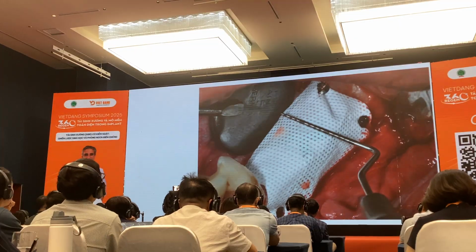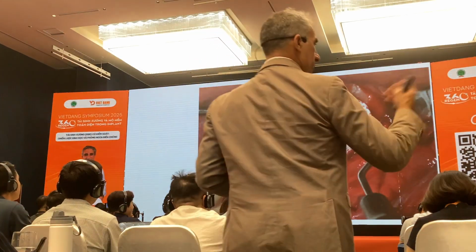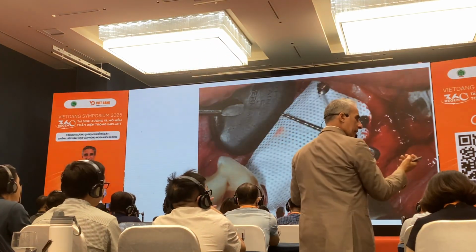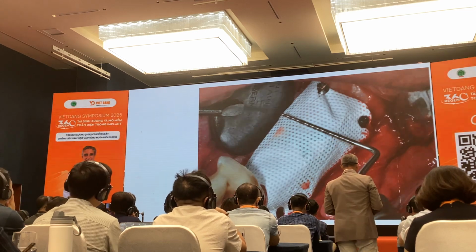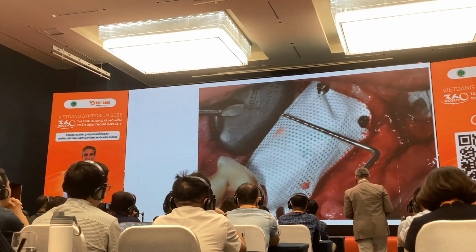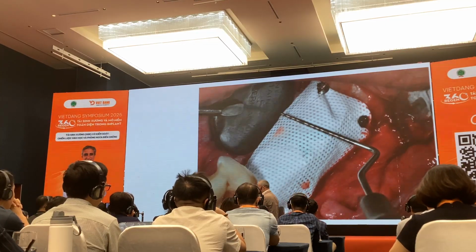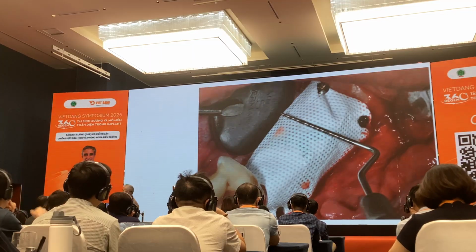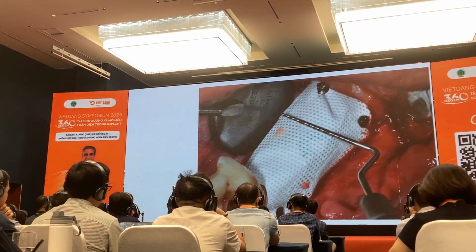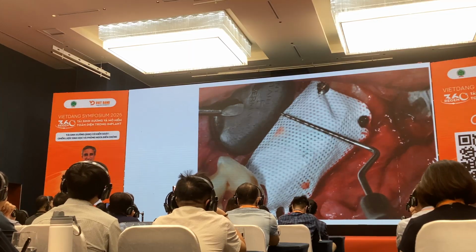So, when we remove the membrane after 6, 7, 8 months, the time of bone regeneration, we can observe radiologically, histologically, histomorphometrically, and clinically that the quality of bone is very poor. A modest quantity of native bone.